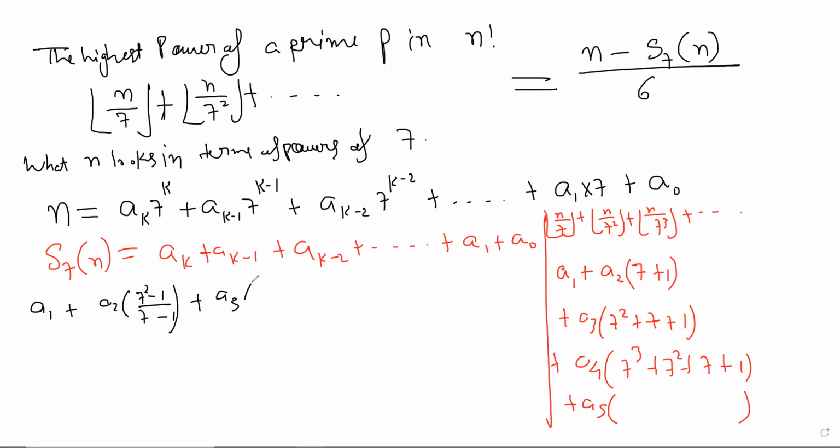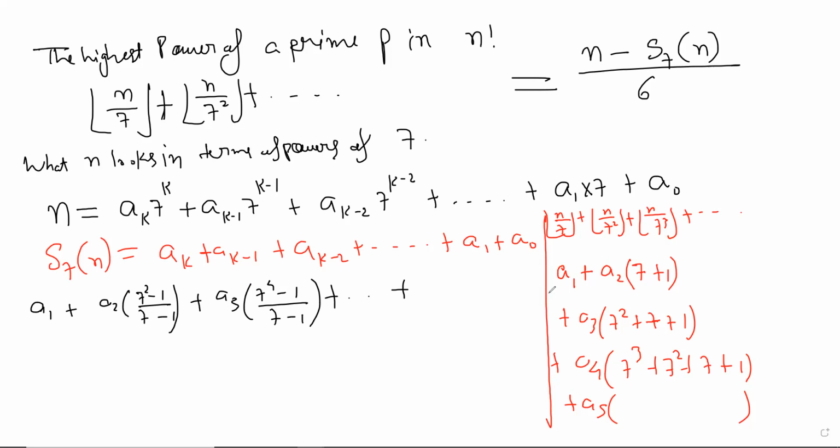This is the geometric progression formula, so I'm just using a formula. You see this summation is just 7 to the power 4 minus 1 by 7 minus 1, and so on. Now you guys can see how it is coming, right? This goes like this.